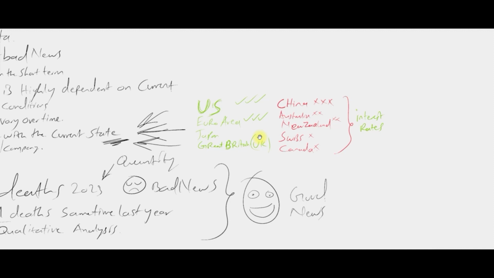For Switzerland, the Swiss National Bank. For Canada, the Bank of Canada. All these big major economies, you can trade their interest rate decision. They usually have clean moves for the most part.